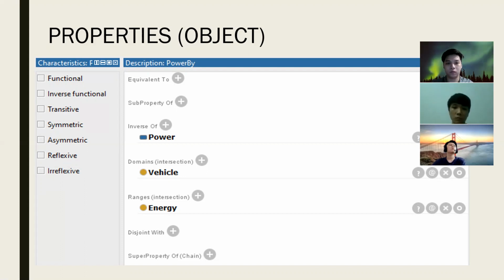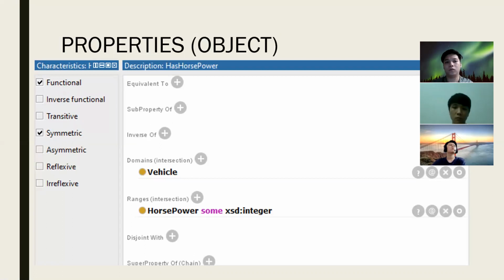The last object property is has horsepower. It is to define the horsepower of the vehicles. The domain is vehicle and the range is horsepower. The characteristic of has horsepower is symmetric because all vehicles must have horsepower, and a vehicle without horsepower is not considered a vehicle.